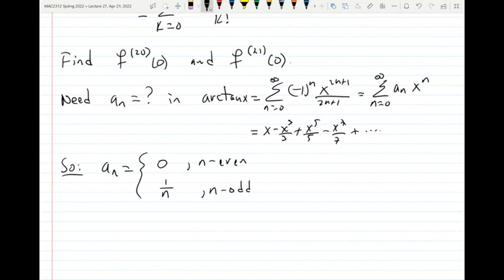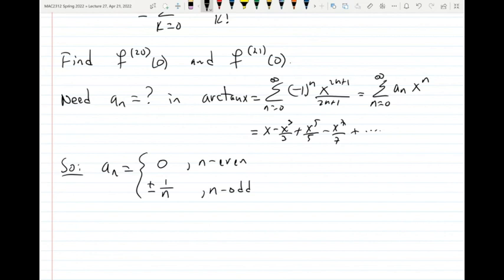So I'm going to put here plus or minus. How do we control this plus or minus? Well, notice that it begins with positive, then negative, then positive, then negative. So it's negative 1 to some power, right? What is this power? Well, the first odd number gives you positive. The second odd number gives you negative. The third odd number gives you positive again, and so on.